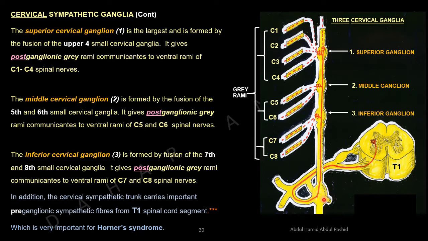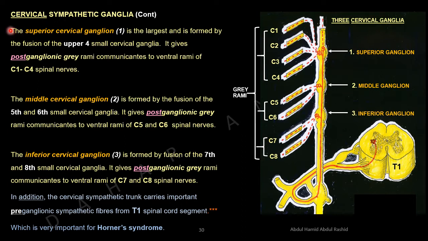They ascend along the sympathetic chain into the cervical region, and some synapse in the inferior ganglion, some in the middle ganglion, some in the superior ganglion with the postganglionic neurons.